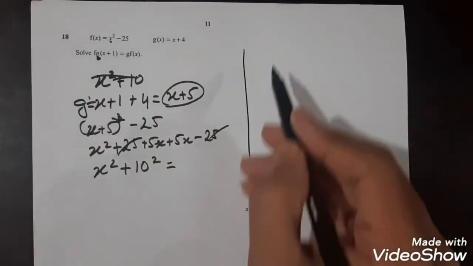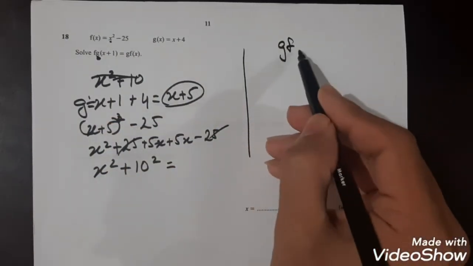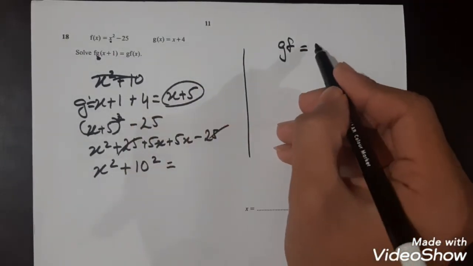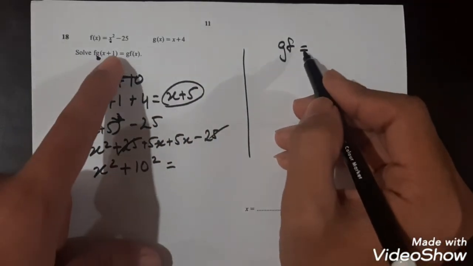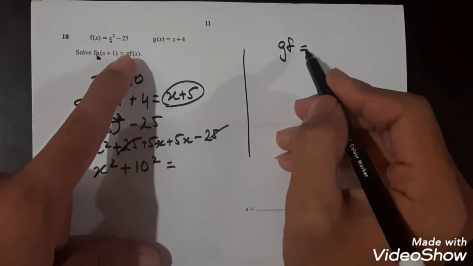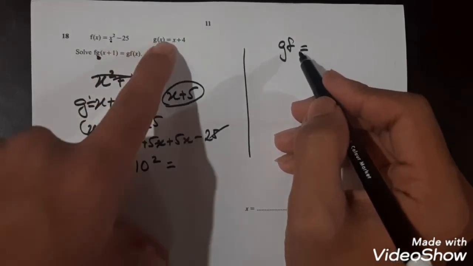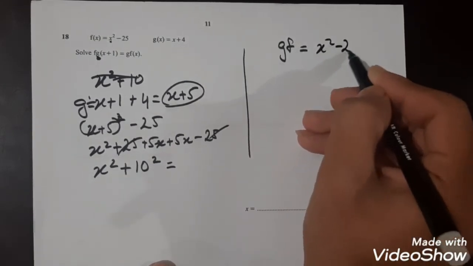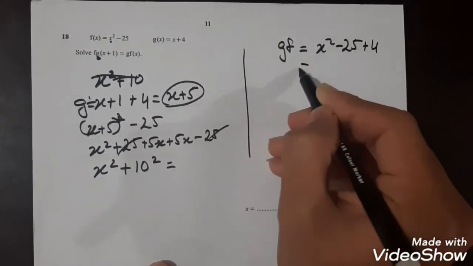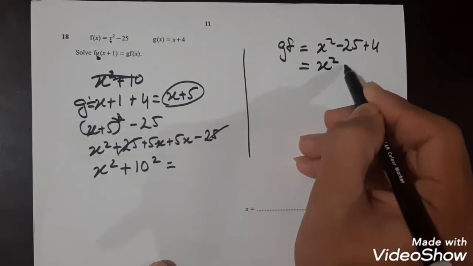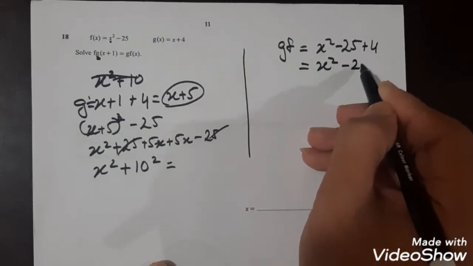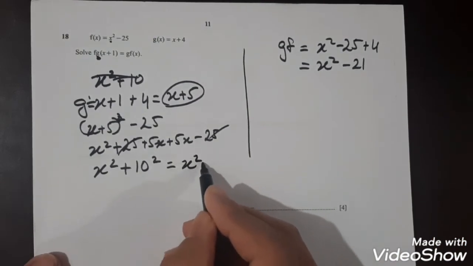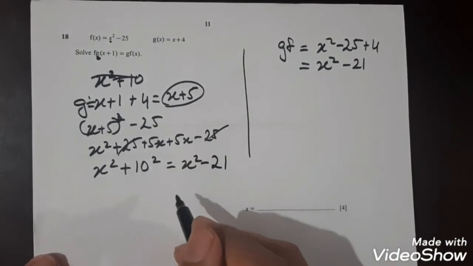Over here we will do gf, where f is x squared minus 25. Then we will input this exact value into g, which will be x squared minus 25 plus 4, which will be x squared minus 21. So we write here x squared minus 21.